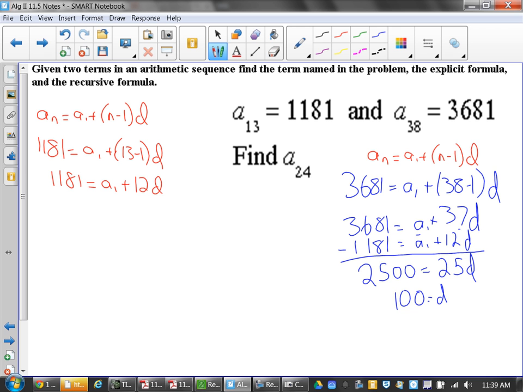Everybody's okay with that, right? Now, to figure out my first term, remember, all we did was just substitute in. I'm going to take this, substitute there. So what's 12 times 100? 1200. So I have 1181 equals something plus 1200. Move it over, you should get negative 19.